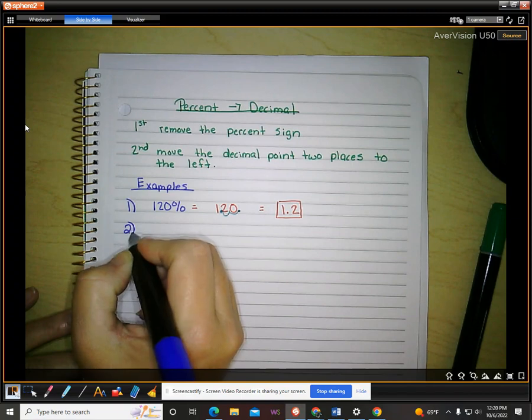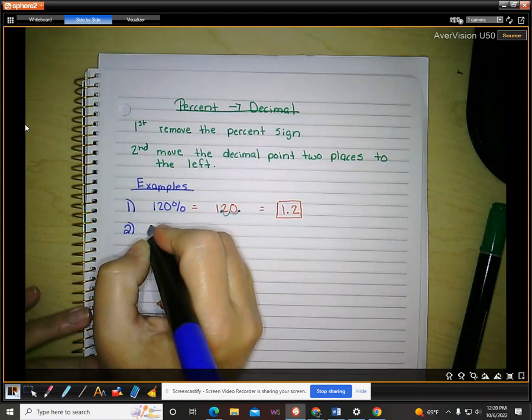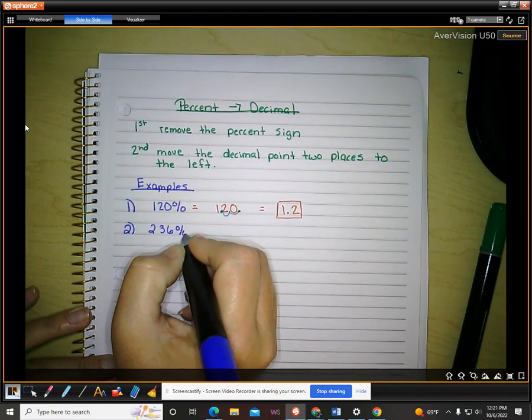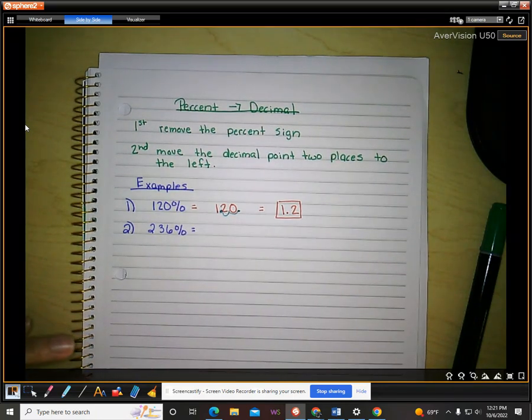All right. Let's say someone was super generous and gave you lots of extra credit opportunity, and you ended up with 236%. Okay. Now, again, some of you may be able to look at that and automatically know what that's going to be as a decimal. I hope you get there. Okay.